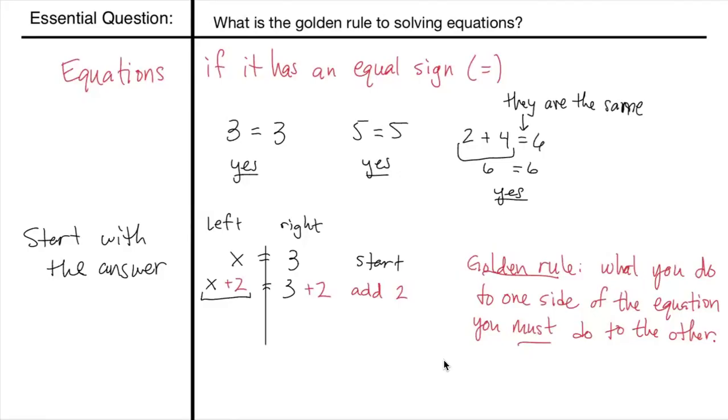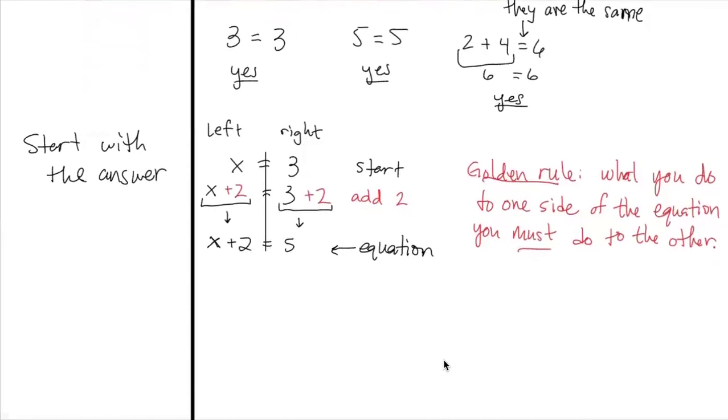So I'm just going to leave that as x plus 2 equals, and I can combine these because these are just numbers. 3 plus 2 is 5. So here's my equation: x plus 2 equals 5. So that's how you can create an equation.